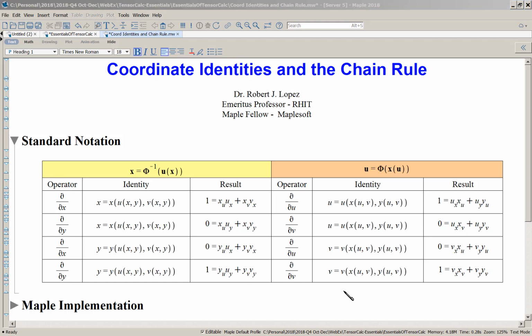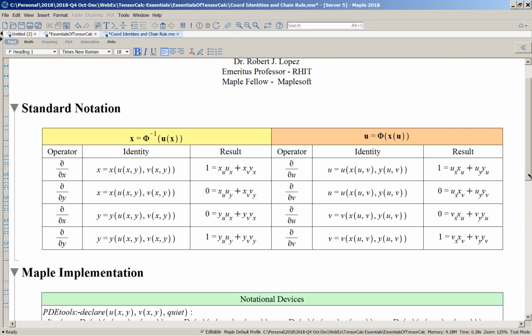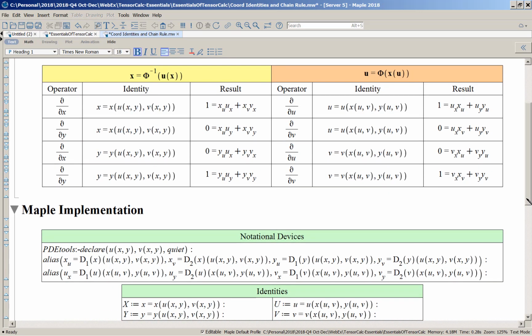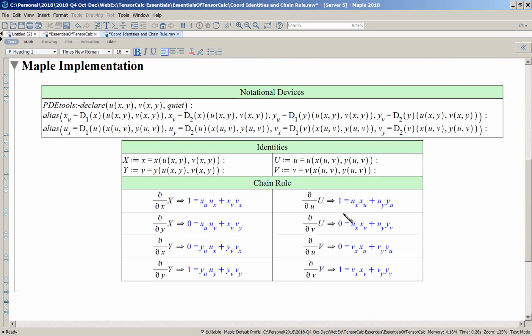Now this is really just a little aside where I want to show that these very calculations that we have just looked at can be reproduced in Maple. So here are some notational devices that make the outcome look presentable.